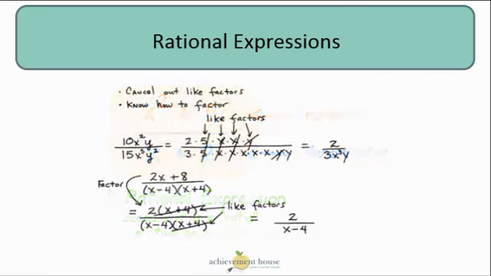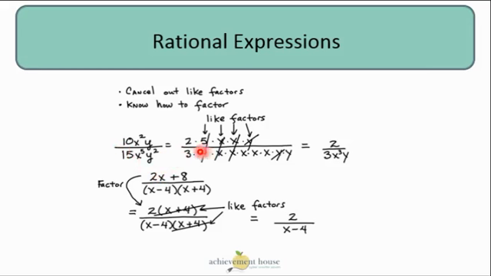Let's talk about simplifying. First, we need to make sure that both polynomials, or both the numerator and the denominator, are completely factored. So if we look at our example of 10x squared times y over 15x to the fifth times y squared, we're going to break that down into as many prime factors as possible. Factors of 10, 2 times 5, they're both prime numbers.